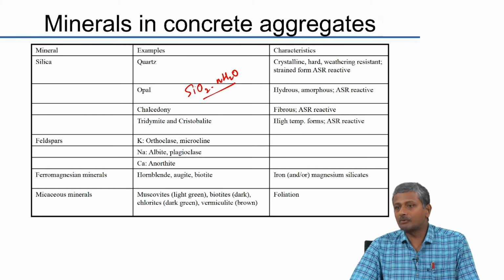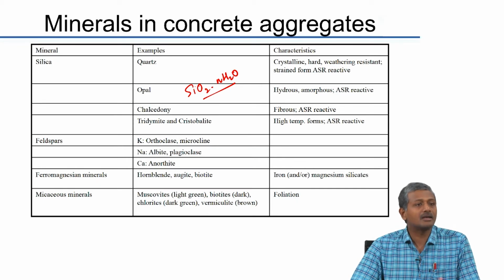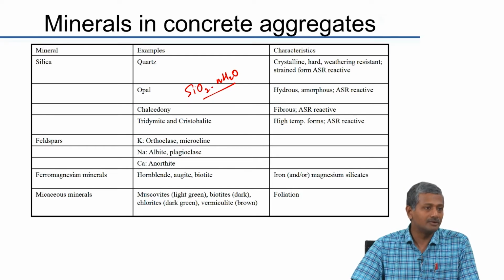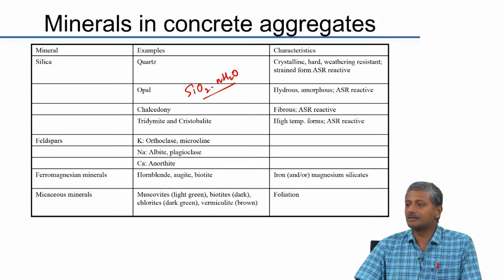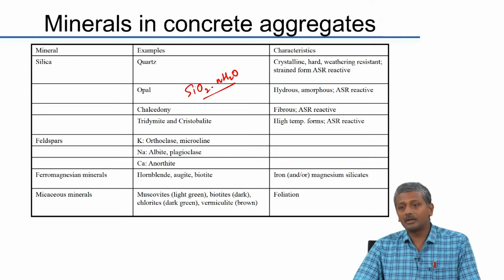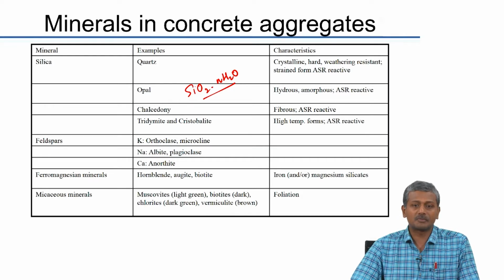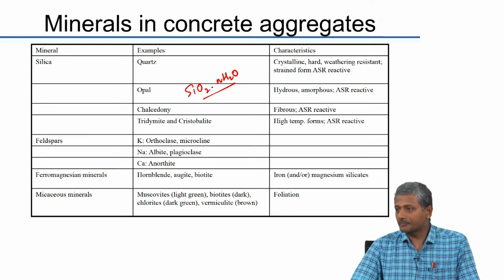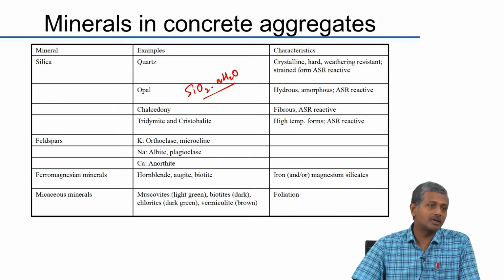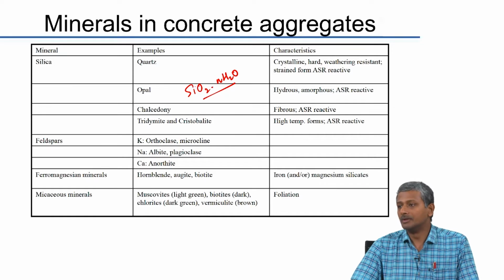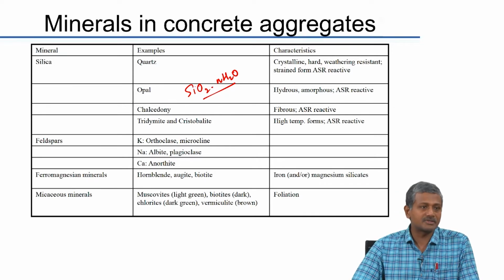Chalcedony is a fibrous form of silica. Again, it has a high range of disorder which makes it more reactive, and in cases of ASR you would do well to avoid opal and chalcedony minerals which are present in your aggregate, but sometimes these could be present as minority minerals in your aggregate irrespective of what you are trying to use. So, you have to be careful about your choice of aggregate and make a proper assessment as to how much of it would be made up with opal or chalcedony.